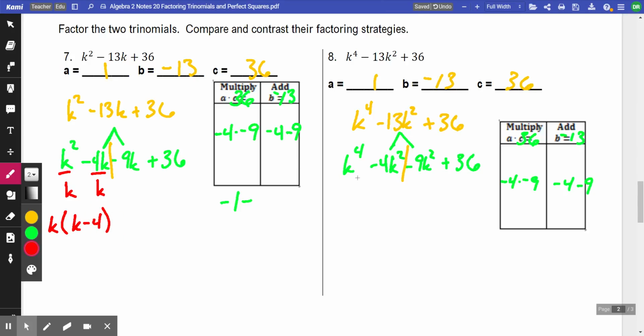Here, similar, they both have k, but because the exponents are higher, we can actually divide both of them by k squared. To where the rewrite says k squared times, remember our rule for dividing was subtract exponents, 4 minus 2 is 2, so we get k squared minus 4.